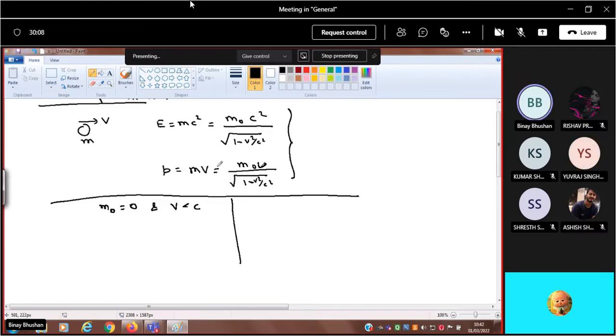Yes, sir. Yuvraj? Now in this case, what will be the energy and momentum of the particle? If I put m naught equal to 0 and v less than c, then what will I get for E and P?